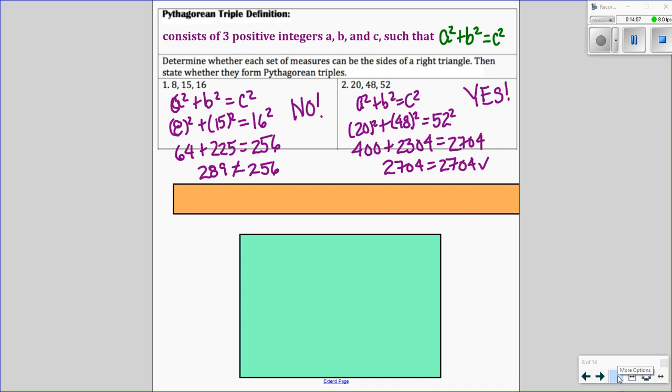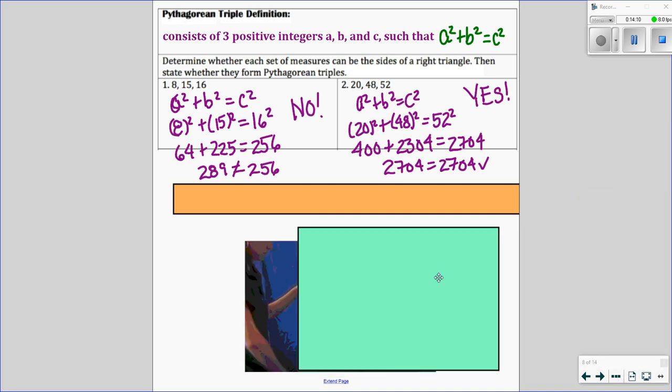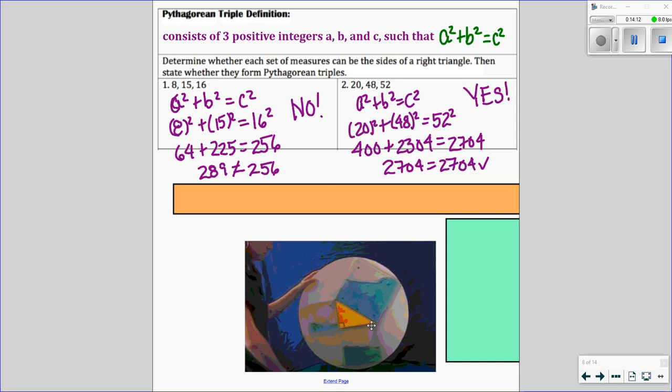So going back to that video that I showed you, where the girl was using a right triangle with squares on the sides and filling up one side with water and then the two other squares with water. If you were to use these numbers 20, 48, 52 and create that right triangle and then square the sides, you would have a 20 by 20 on one side and a 48 by 48 on the other side, and then the hypotenuse would be 52 by 52.